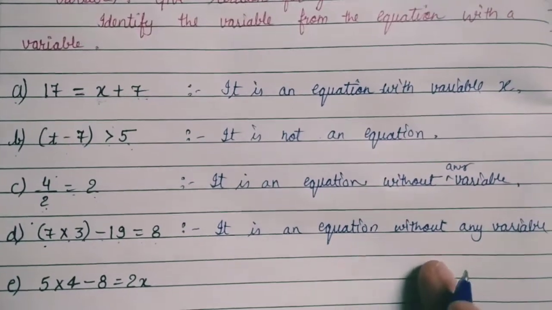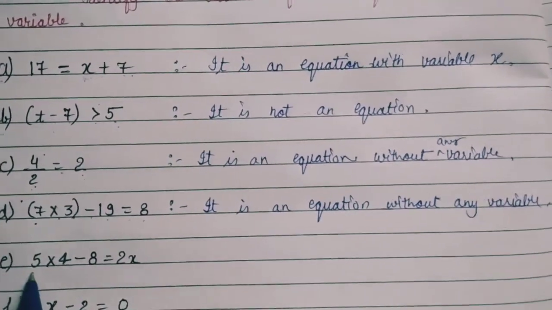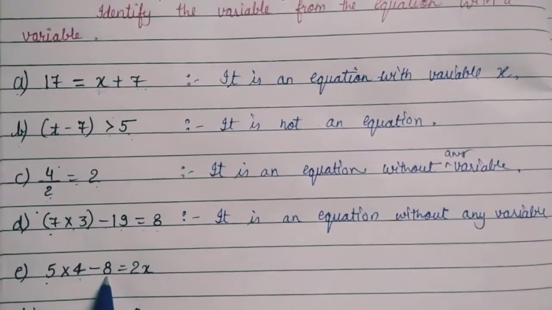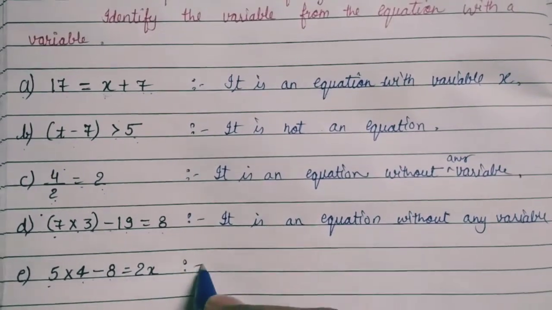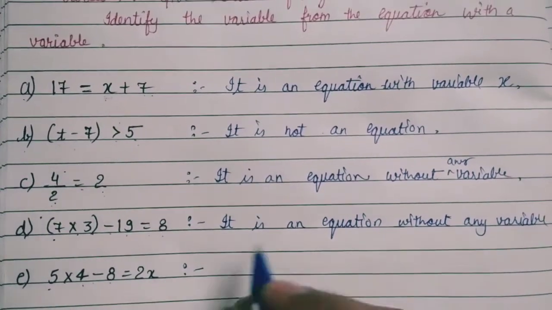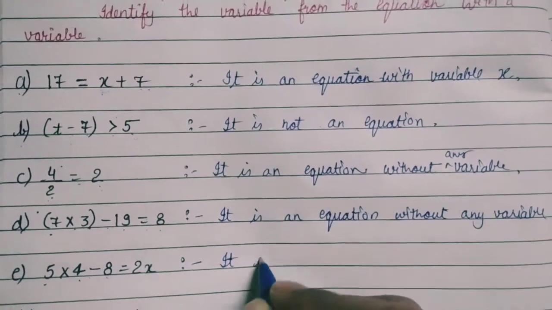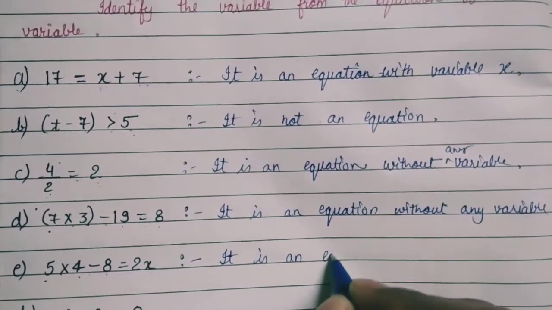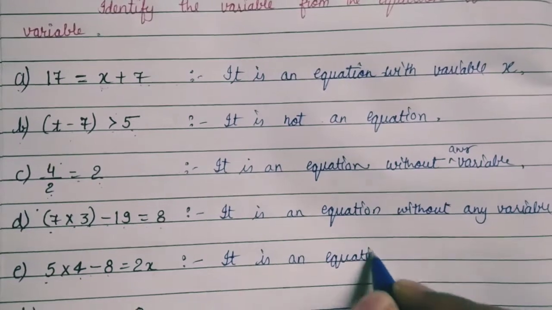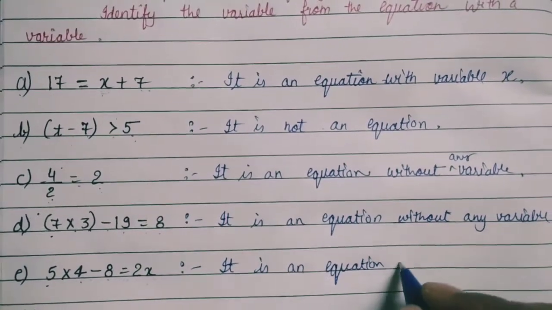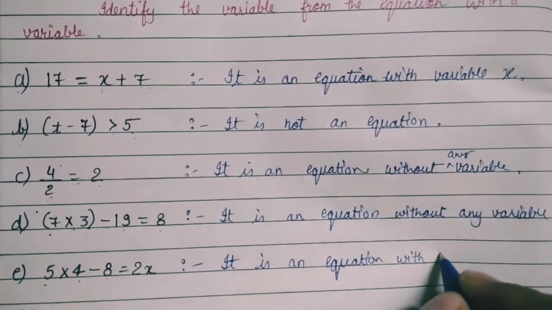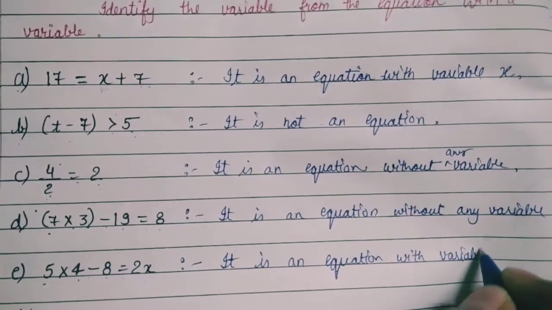Now E part is 5 into 4 minus 8 is equal to 2x. You can simply see in between both sides we have the equal symbol. It means it is an equation. Now we will search the variable. Any variable here? Yes, x is here. So we will write with variable x.